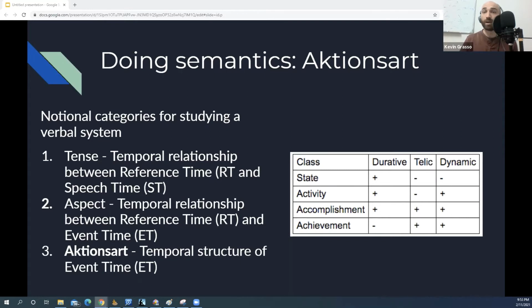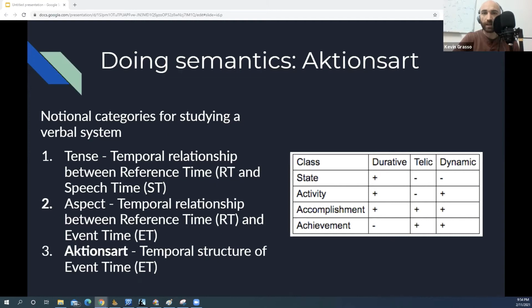And then dynamic, right? There is actual change in the world, but there's no endpoint. And then we have accomplishment. So I mentioned this earlier. Build a house. It is durative, right? You build a house over a certain amount of time. It's telic. There is a natural endpoint when the house is built, and it's dynamic. There is change associated with it as the process unfolds.